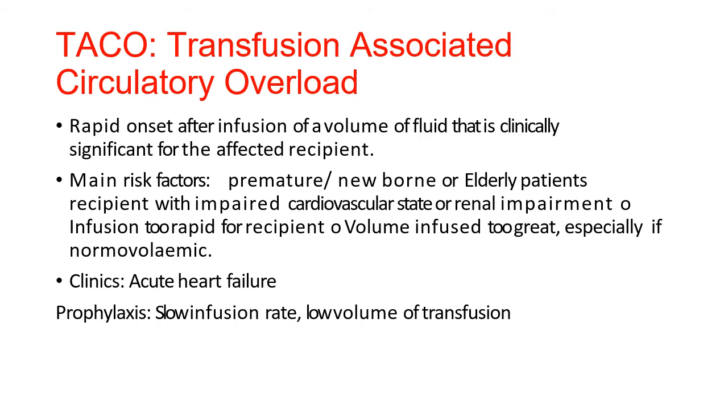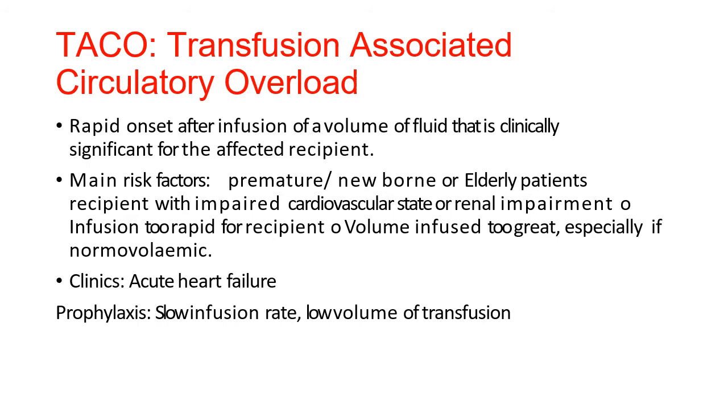If the patient is a small baby, a neonate or 1 to 2 months old, and we are giving 300 ml blood, it will clearly be circulatory overload. Or if the patient is elderly, having impaired cardiovascular state or renal impairment, again, if we are giving a huge volume of blood, TACO can occur.